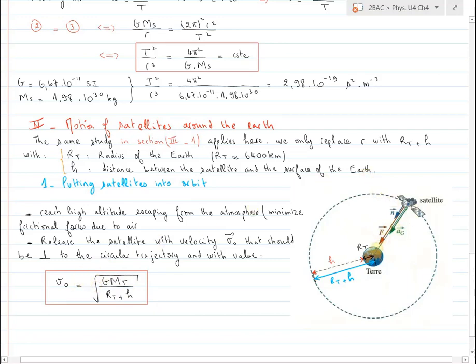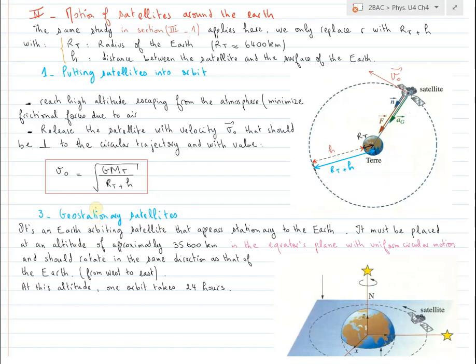We get to an altitude high enough to escape from the atmosphere, and we give it a velocity which should be equal to this precise amount. This way the satellite will have a circular trajectory around the Earth. For example, this way.